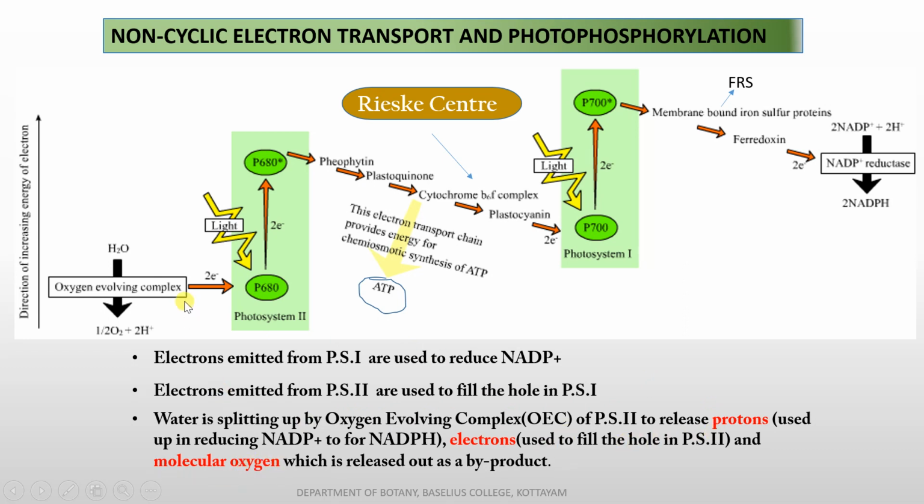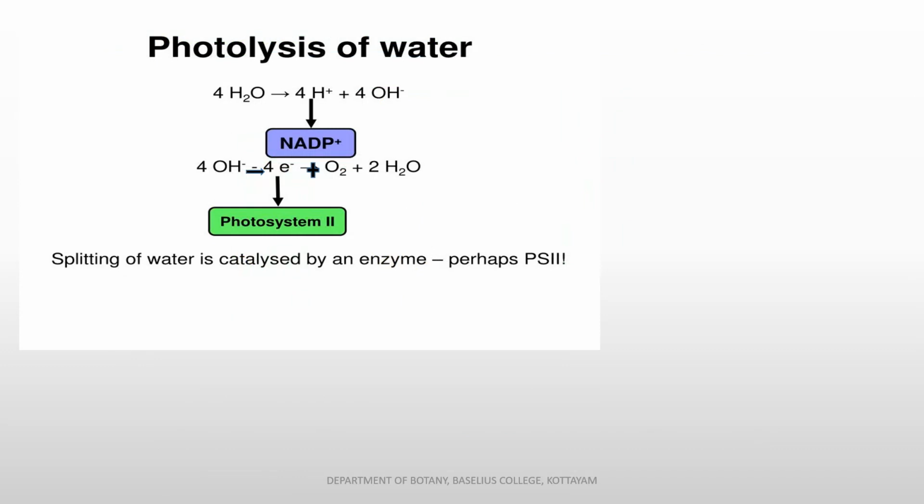The protons released from this photolysis are utilized to reduce NADP+ to NADPH, electrons are used to fill the hole in PS2, and molecular oxygen is also released as a byproduct. Okay, let's learn some more points about photolysis of water.